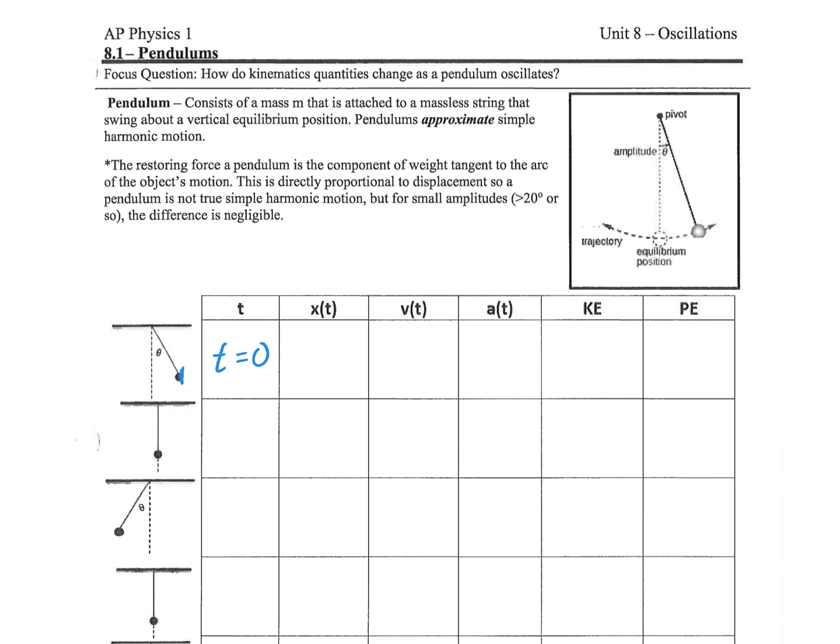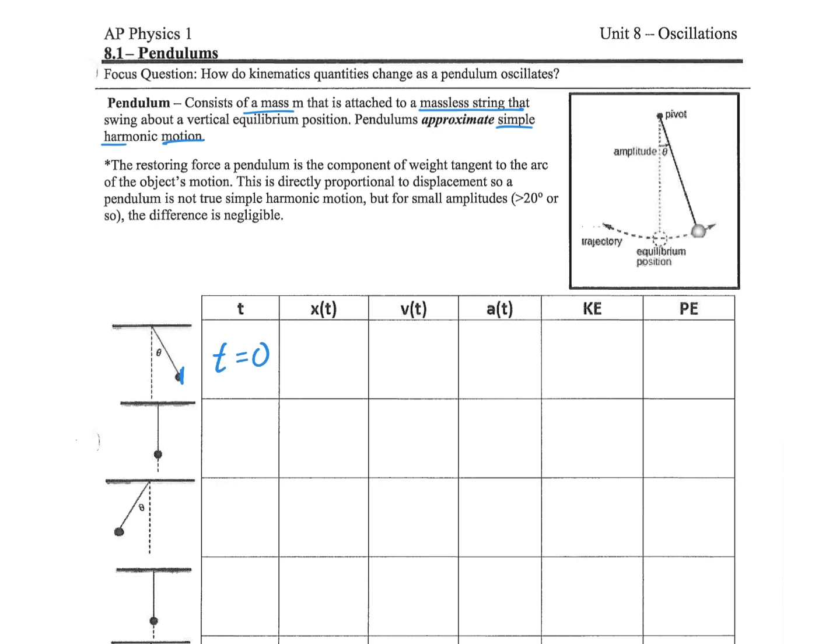What is a pendulum? A mass attached to a massless string that swings about a vertical equilibrium position. Pendulums approximate simple harmonic motion. Simple harmonic motion is the name of the game for this chapter. The restoring force on a pendulum is the component of the weight tangent to the arc of the object's motion.